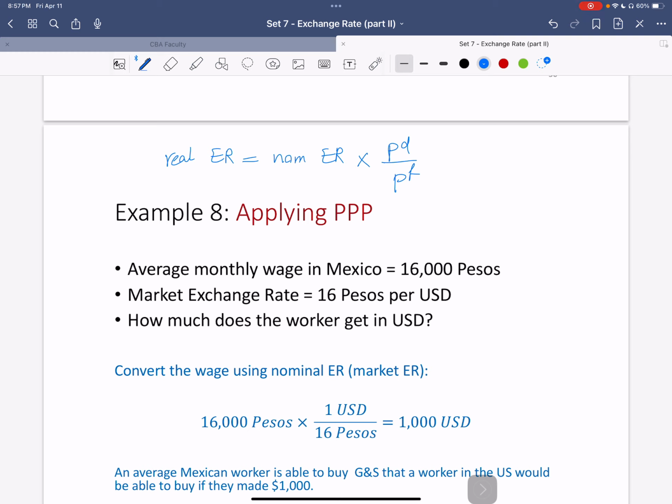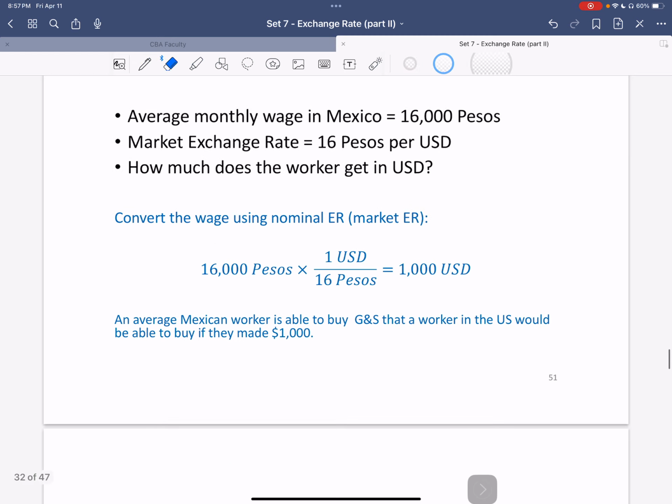So we can convert the values using purchasing power parity theory by multiplying whatever we want to exchange, like the wages, by the nominal exchange rate.